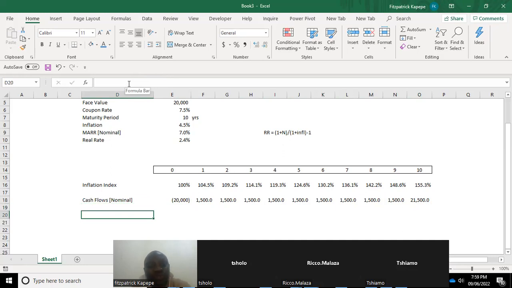Now you need to do some adjustments so that you take it to real. So you are going to have real cash flows. With these real cash flows, you are adjusting for inflation.